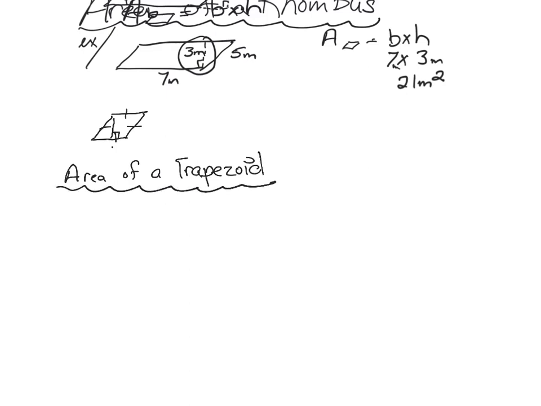So, a trapezoid can have a regular or irregular shape, but it doesn't matter because the formula is always the same.